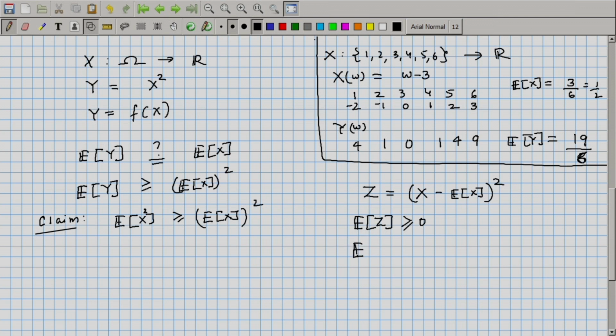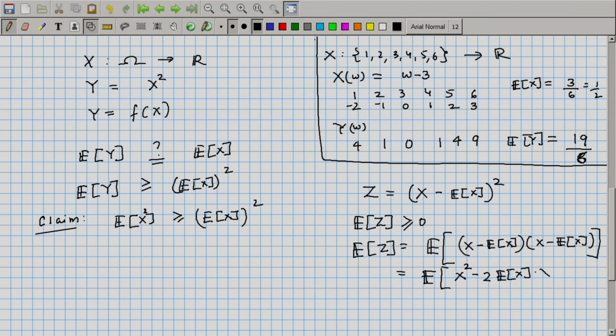Well, expectation of Z is equal to the expectation of this whole expression, X minus expectation of X times X minus expectation of X. We could expand this out and we will get expectation of X square minus 2 times expectation of X times X plus expectation of X the whole square.